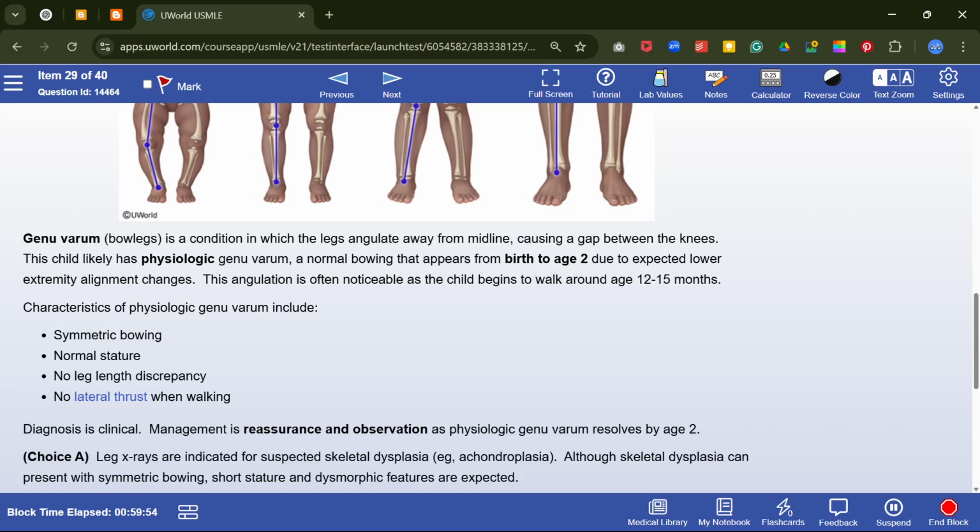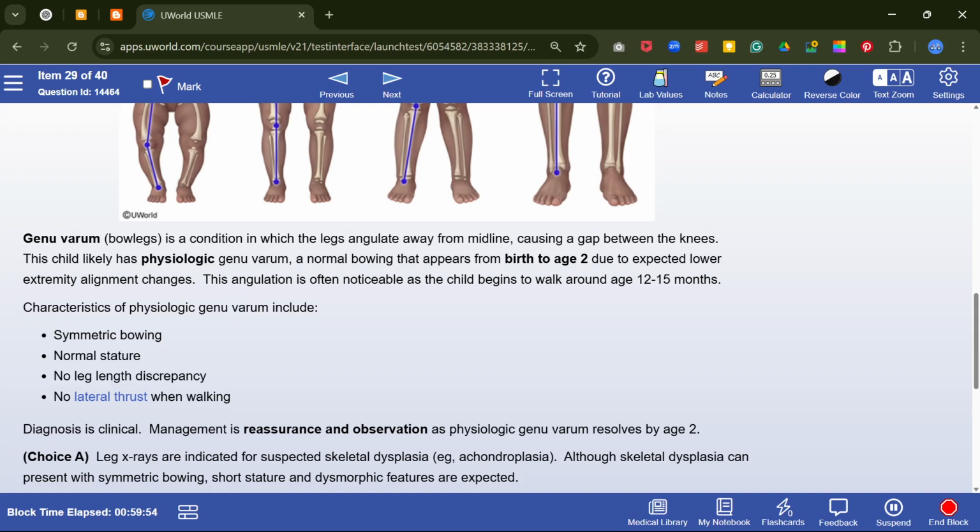This child likely has physiologic genu varum, a normal bowing that appears from birth to age 2 due to expected lower extremity alignment changes. This angulation is often noticeable as the child begins to walk around age 12 to 15 months.